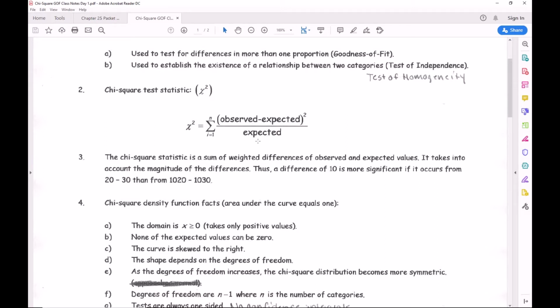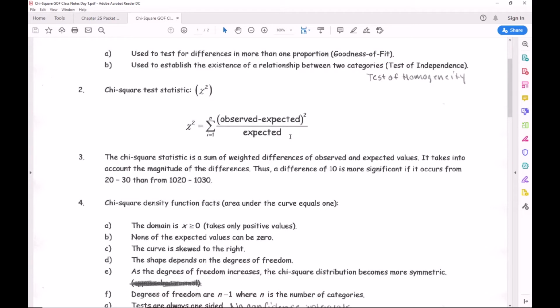So we do that once for each of the 6 colors, and then we add them up. Remember, this is your summation symbol, so we'll add them up from 1 to n, where n is 6, and that'll produce your chi-square number. And then we have tables, chi-square CDF and inverse chi-square, that we can use to generate p-values or whatever we need to do.